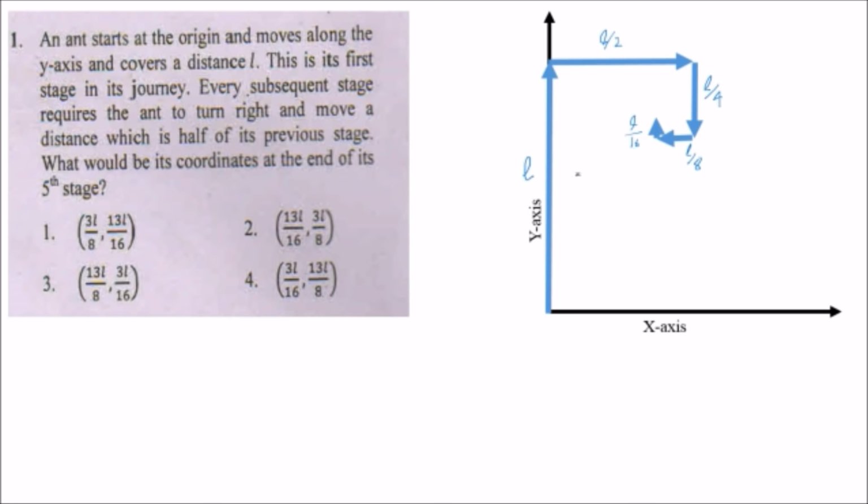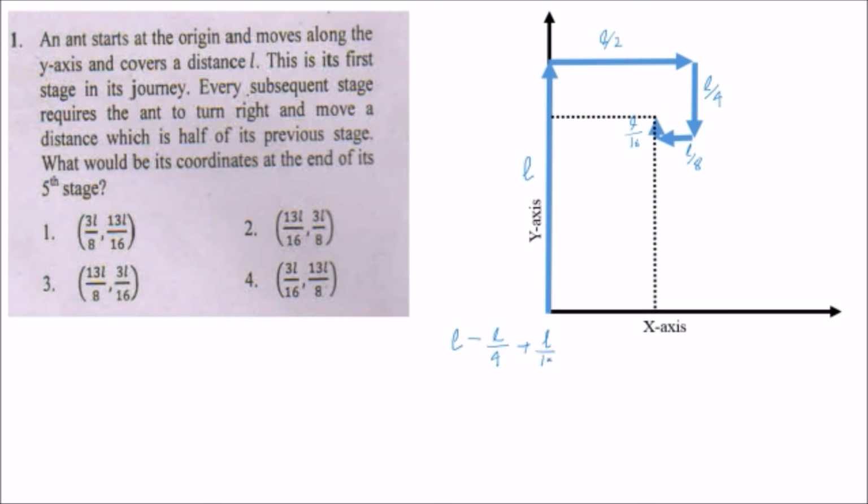Now here, how many steps has the ant traveled? 1, 2, 3, 4 and 5. So we have to find out the coordinates at the fifth stage on the y-axis and the x-axis. To calculate the coordinate on y, it will be the whole length L minus the L by 4 it has come down, plus the distance it has traveled upward, which is L by 16.